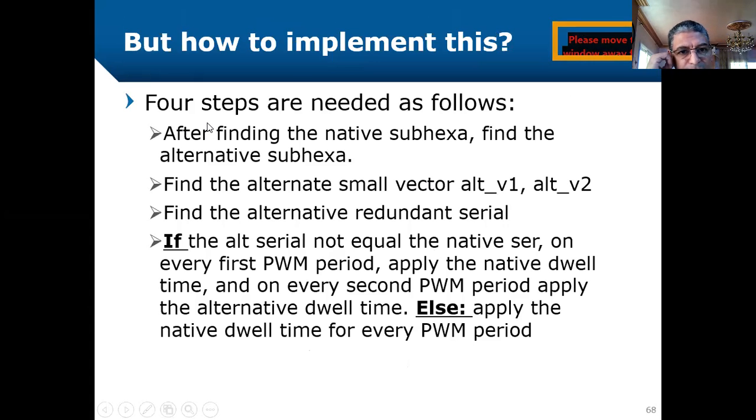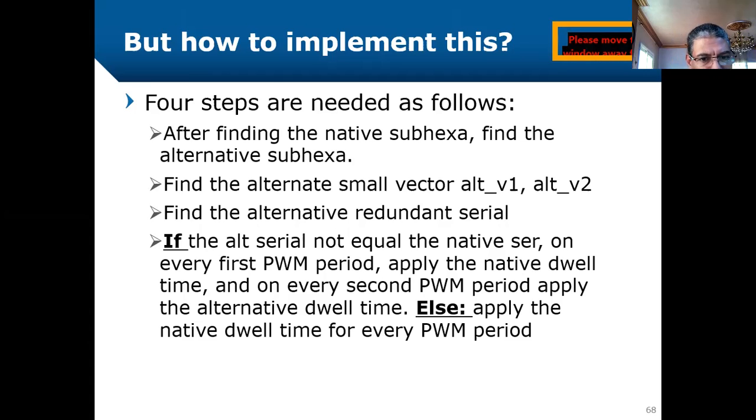So 4 steps are needed to implement this concept. After finding the native sub-hexa, find the alternative sub-hexa. Find the alternate small vectors alt V1 and alt V2. Find the alternative redundant serial. If the alternative serial is not equal to the native serial, then we have an alternative representation. If they are equal, there is no freedom; this is a non-overlapping area.